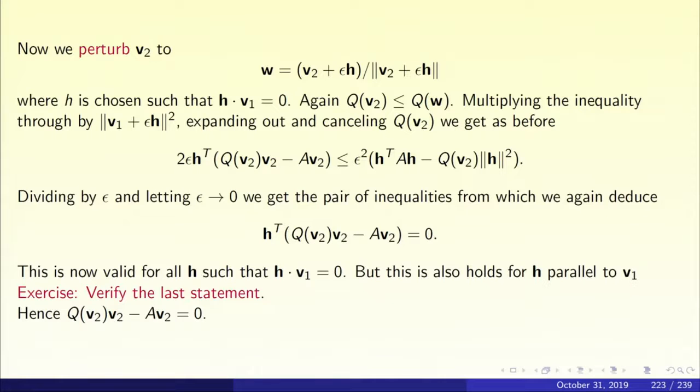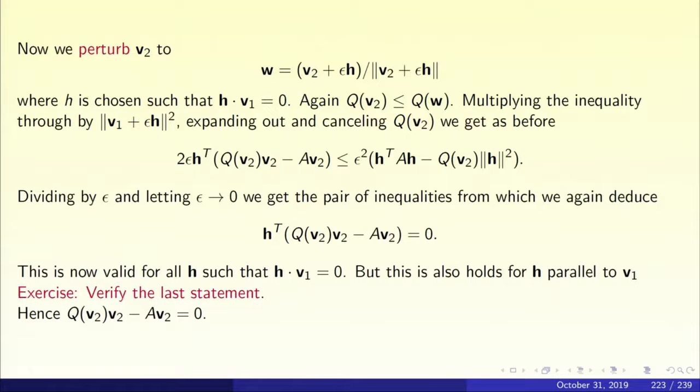Again, we are using the symmetry of the matrix. So V2 transpose AV1 will be V2 transpose lambda 1 V1, because V1 was an eigenvector. Lambda comes out, so we get V2 transpose V1, which is 0 because V1 and V2 are orthogonal. So again the last displayed equation holds for all H perpendicular to V1 as well as H parallel to V1.